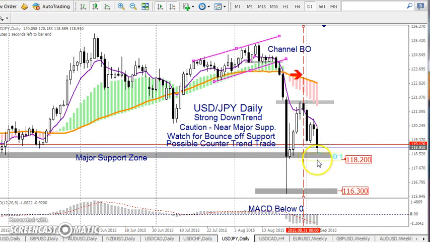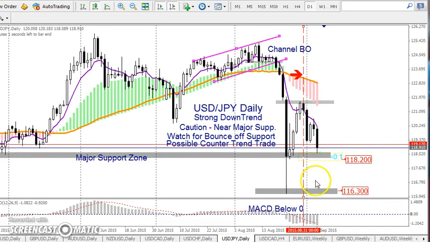Price either has to break below this area for price to continue its downtrend, or if price comes back down a little bit lower and bounces up, we can actually look for a counter trend trade depending on where the 8 EMA is, but counter trend price may come back all the way up to this resistance zone here.